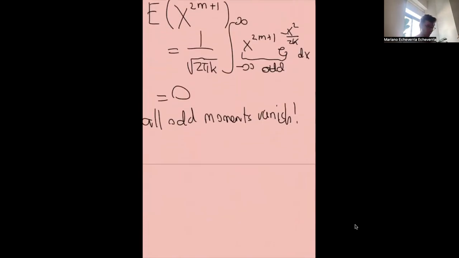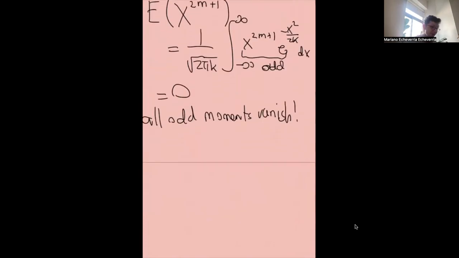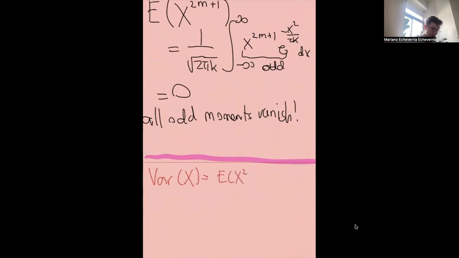And so if, for example, you were after something like the variance, which again is nice. The variance of x was E of x squared minus E of x, squared. What I'm saying is that the variance was the second moment minus the square of the first moment, right? The first moment is odd, so it vanishes.